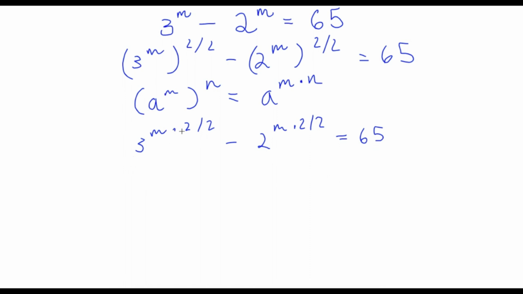Now, 2 over 2, this is the same thing as 1 over 2 times 2. So I'm going to rewrite 2 over 2 as 1 over 2 times 2 for both of them. And remember, if we have something in the form a to the power of m times n, this is equal to a to the power of m to the power of n, right?